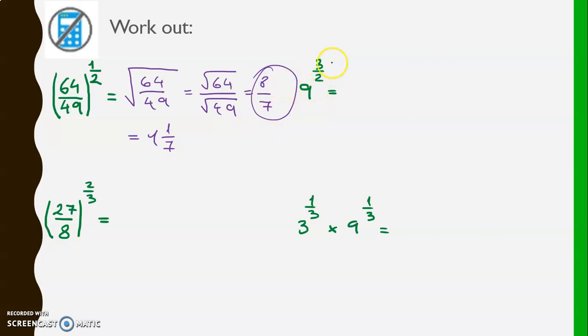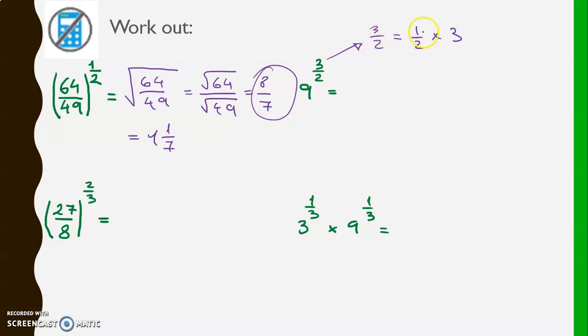Now 9 to the power of 3 over 2. Well, the trick here is this power 3 over 2. You have to think of 3 over 2 as 1 over 2 times 3. So it's always going to be 1 over whatever denominator you have here times the numerator that you have in your fraction.